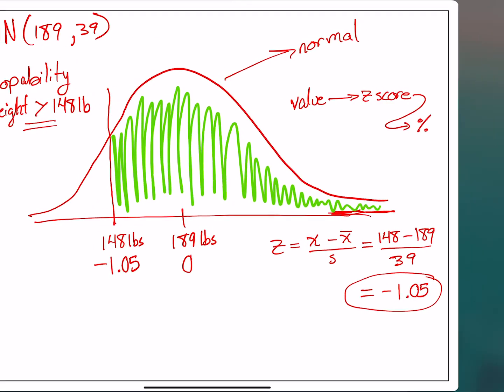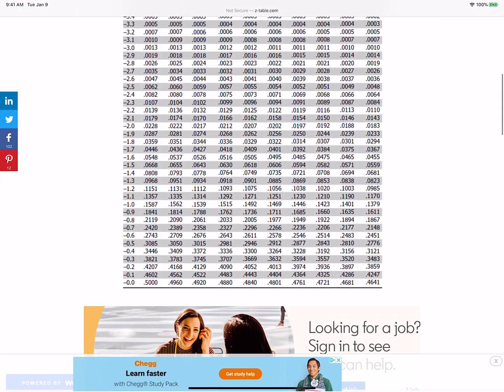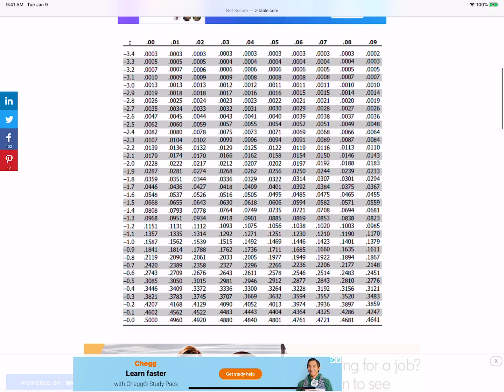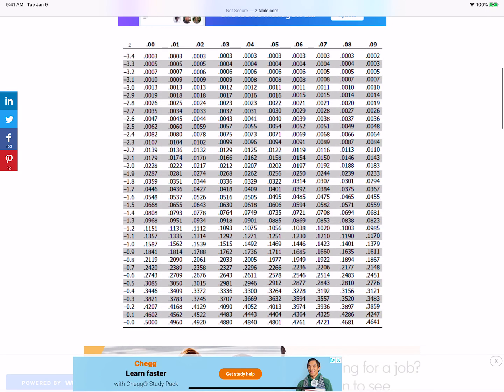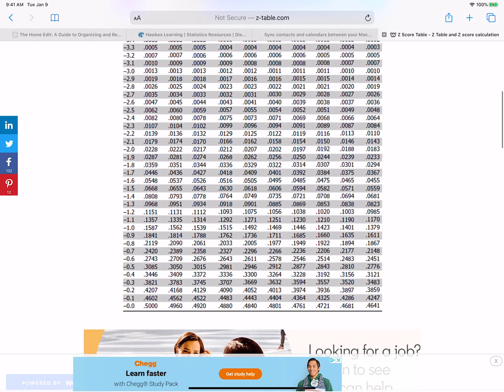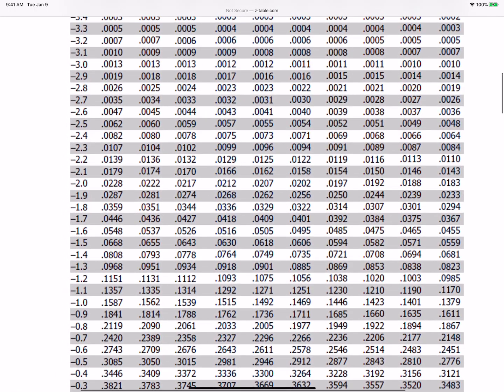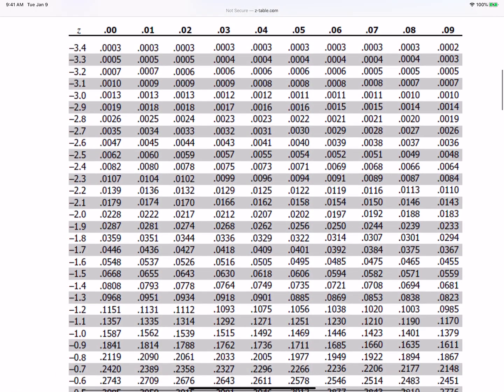And when I look at that one on my z-table, where am I looking? Where do we see negative 1.05? So I'm right here. If I go down in the z, I'm right here, 1.0. And I go over to 1.05. And I get 0.1469.